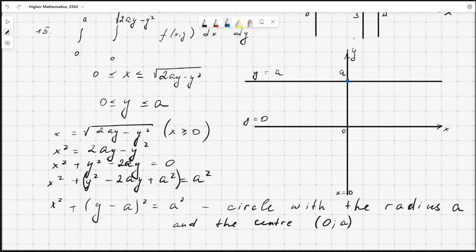In this case x is positive, the right part. X is greater than 0.